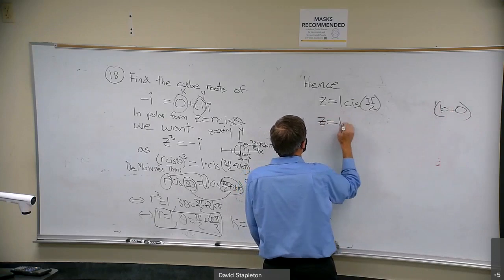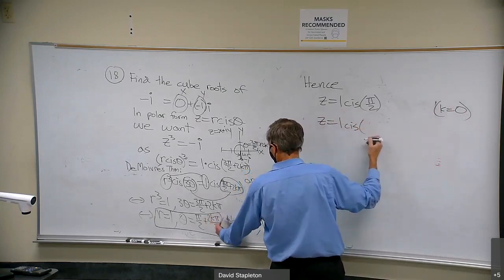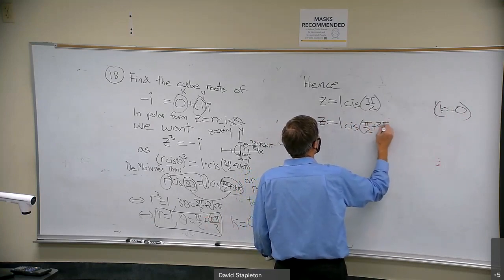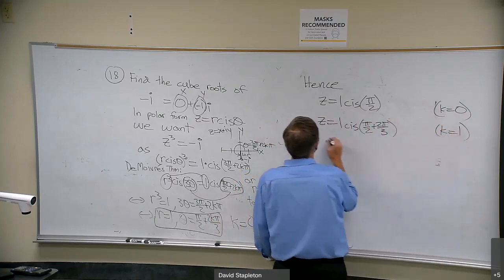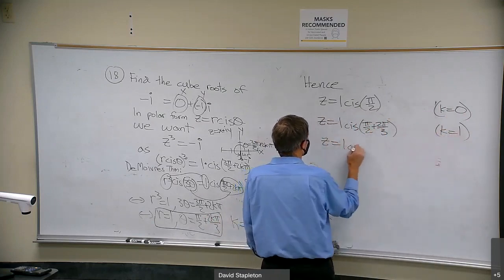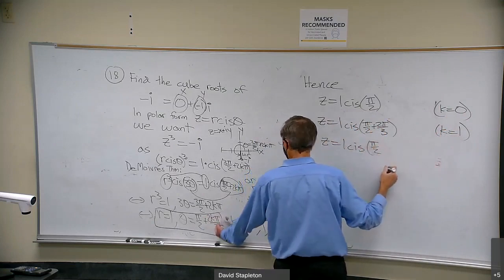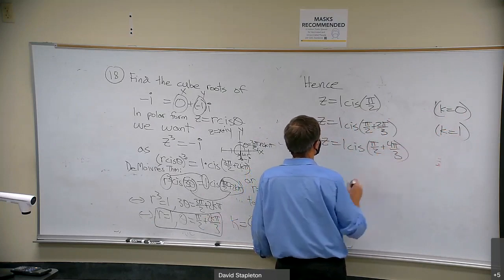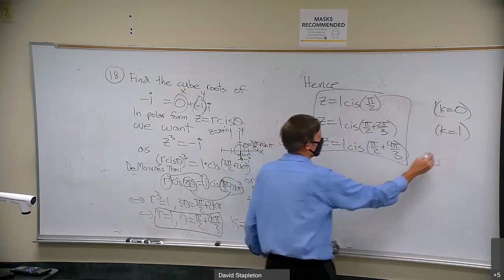Z equals r times cosine plus i sine of pi over 2 plus, when you put k equals 1, 2/3 pi. That's what you get when you put k equals 1. And z equals r times cosine plus i sine of pi over 2 plus, putting k equals 2, you get 4 pi over 3. This one is k equals 2. After that, you get repeated numbers. So these are the three cube roots in polar form.